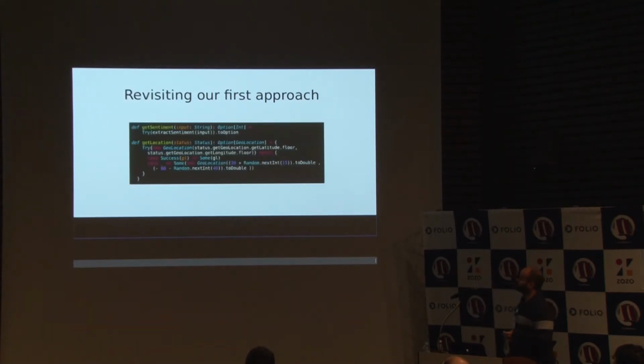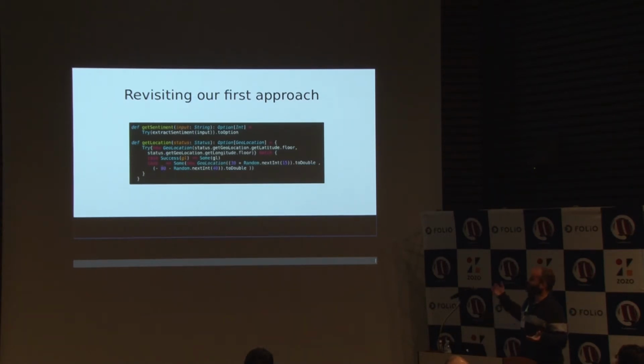So the function getSentiment, what we're going to do is pass the text now. We are going to wrap that computation into a Try. And because we don't really care if there is an error, we are going to transform that into an Option. That will make our lives easier as well. And then for location, we have another problem, and that is that people tweeting about Trump don't share their location ever.